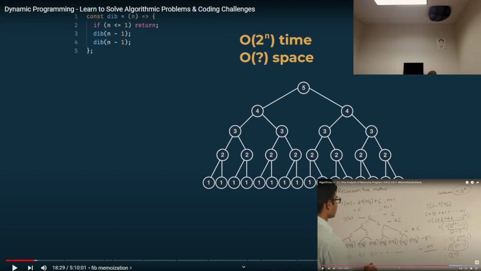So f of n equals n by 2 plus n by 2. Required to determine your new n of n.